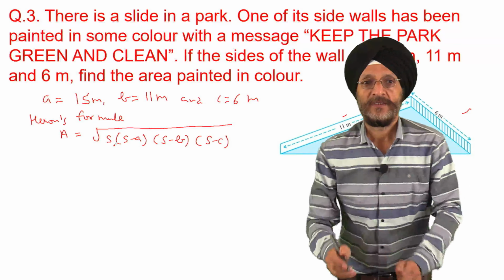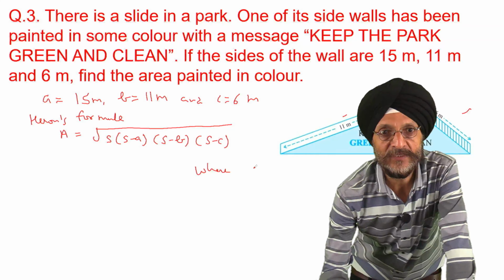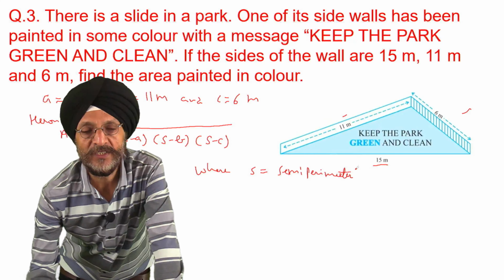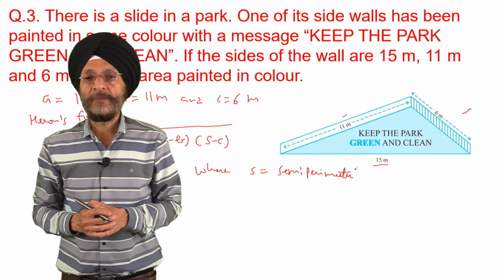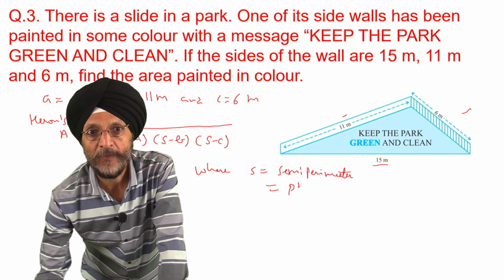S is semi-perimeter. Now what is semi-perimeter? Semi-perimeter is half of perimeter.